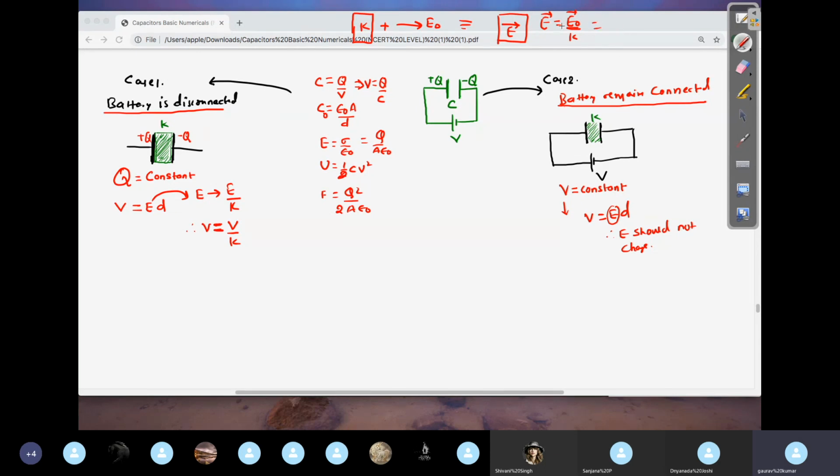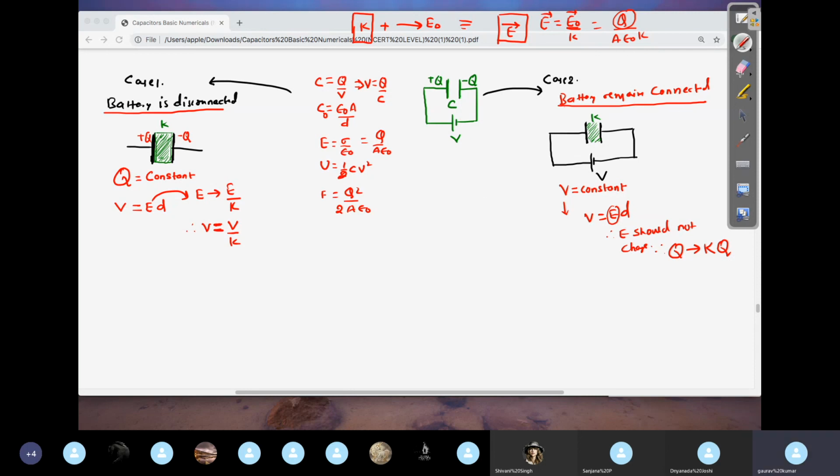What is E here? E is sigma by epsilon naught, so Q by A epsilon naught into K. If I increase Q by a factor of K, K and K will cancel. So now your Q will increase by a factor of K. The new Q will be K times Q. This is very, very important.